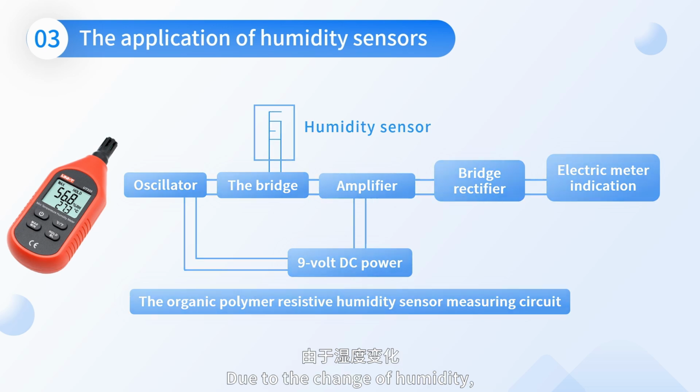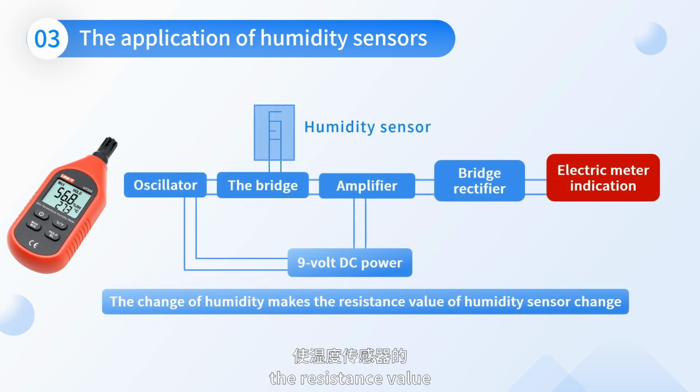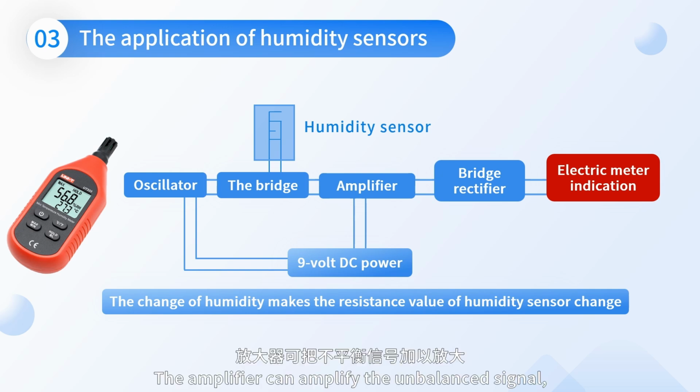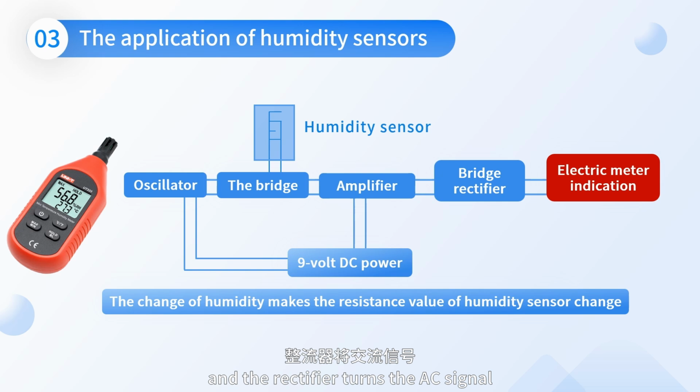Due to the change of humidity, the resistance value of the humidity sensor changes, so the bridge loses balance and generates signal output. The amplifier can amplify the unbalanced signal, and the rectifier turns the AC signal into a DC signal, which is displayed by the DC milliampere meter.